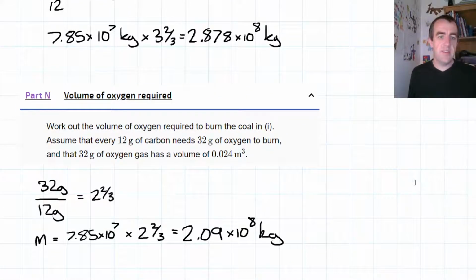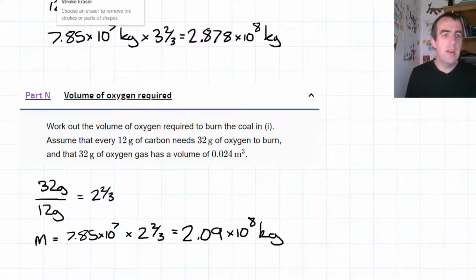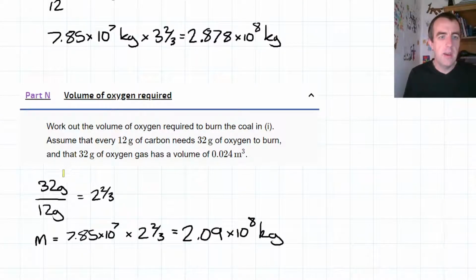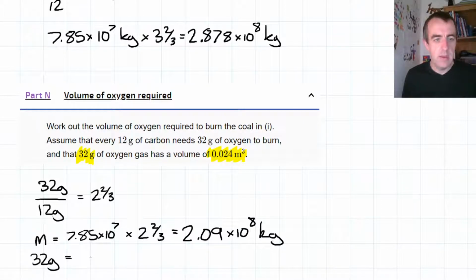And we've got the density of oxygen, but it's given to us in a strange way. Here we are told that every 32 grams has a volume of that. Right, well, 32 grams is 0.032 kilograms.